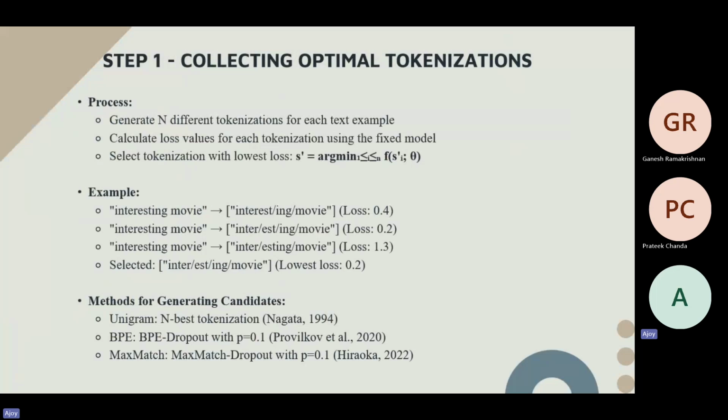Here you can see the minimum loss is in this tokenization, so we'll take this tokenization and create a new data set of it. In this paper we have used three different tokenization methods: Unigram, byte pair, and backslash. We create n different tokenizations for all these.